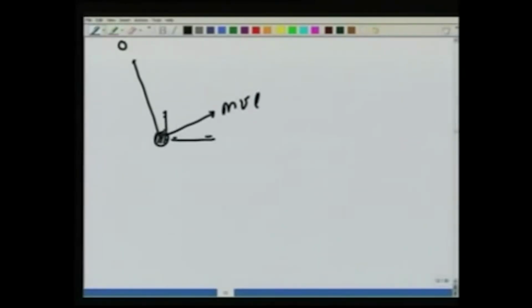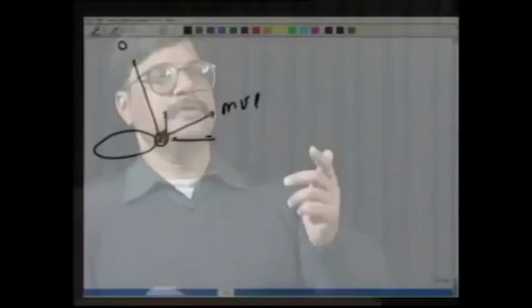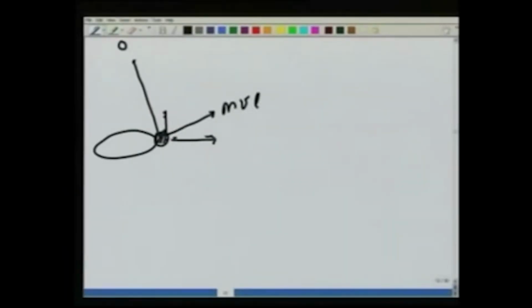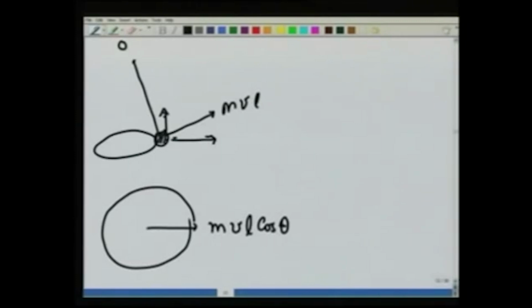As the bob moves around, the r unit vector changes, and therefore, this component changes direction, whereas the vertical component remains constant. So, let us understand the horizontal component, which is m v L cosine of theta, keeps rotating, and the vertical component remains constant. You can already sense what dL by dt is going to be.